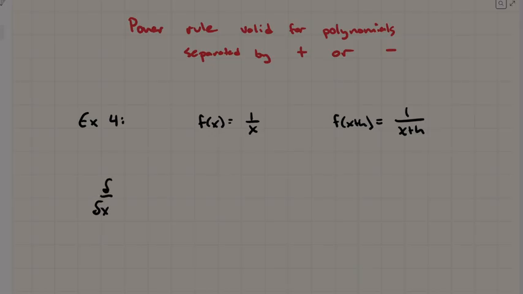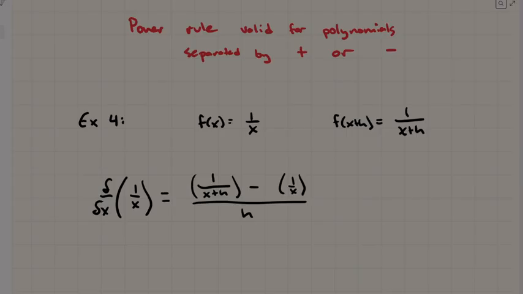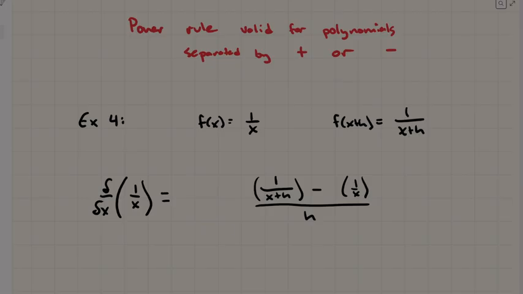The derivative of 1 over x equals f of x plus h minus f of x over h. And I should have said the limit of this as h approaches 0. And so what's going on here is we need to subtract these 2 fractions.